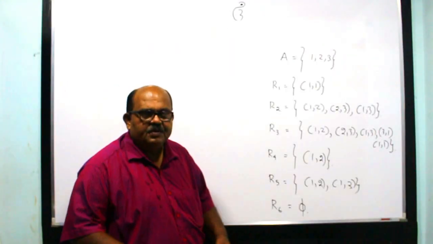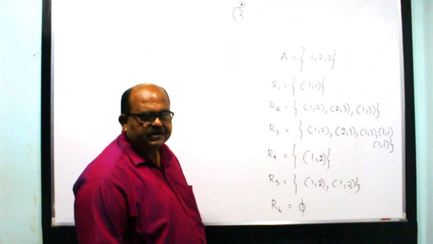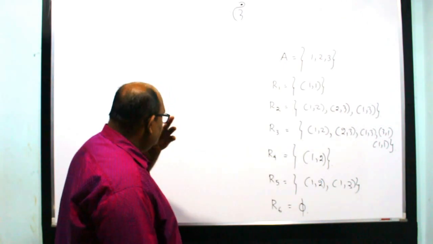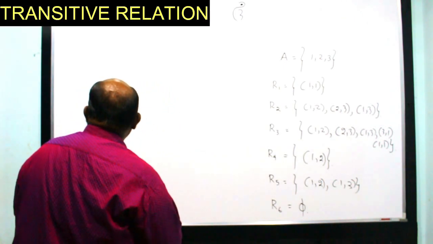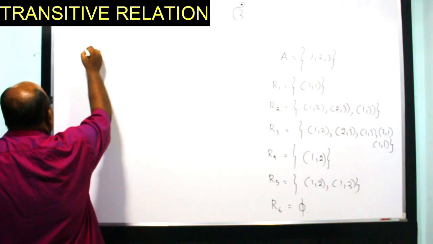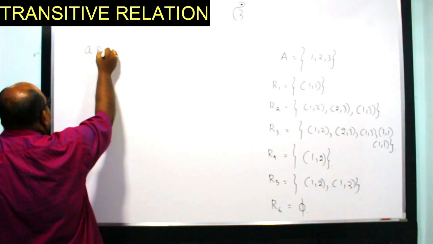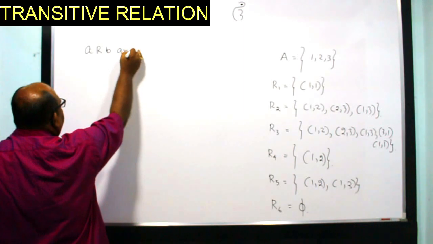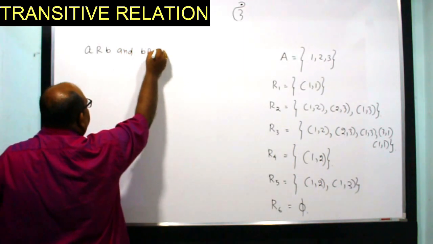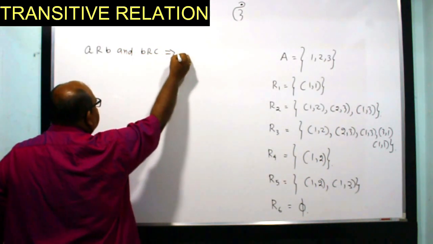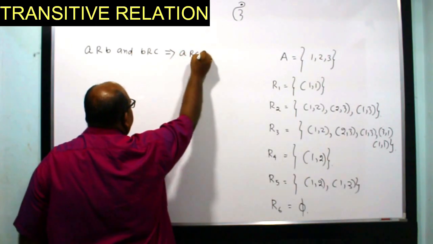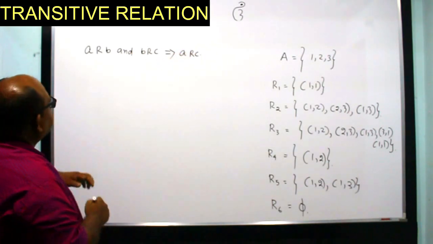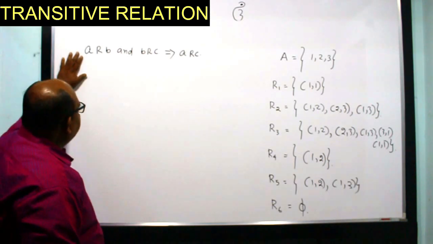Okay. Now we will discuss another type of relation, transitive relation. What is the mathematical part of the transitive relation? That is A related to B and B related to C implies A related to C. Remember, this is the mathematical part of transitive relation.